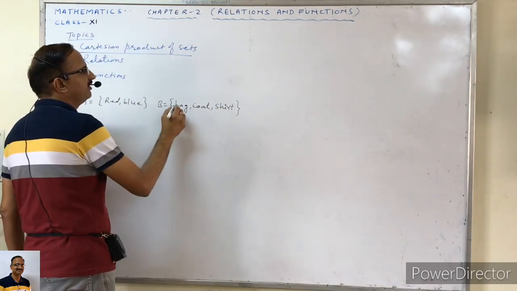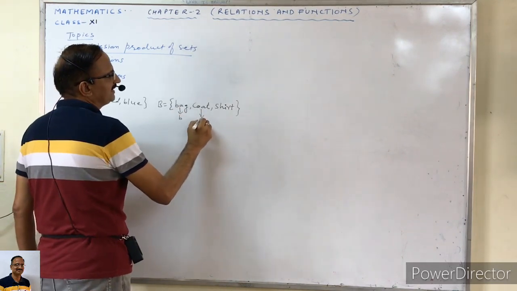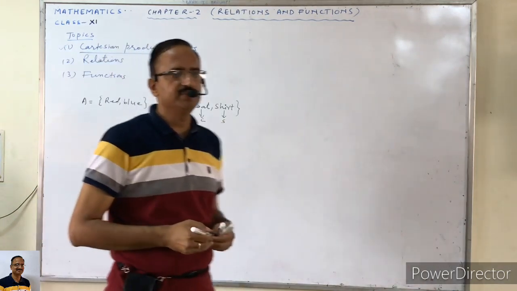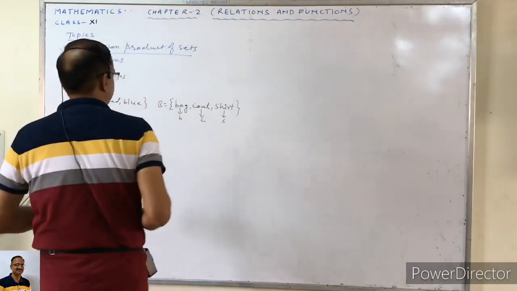Suppose we represent bag by B, coat by C and shirt by S. These are the symbols that we will use. So these are two sets.